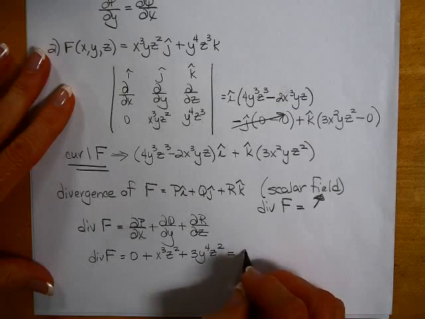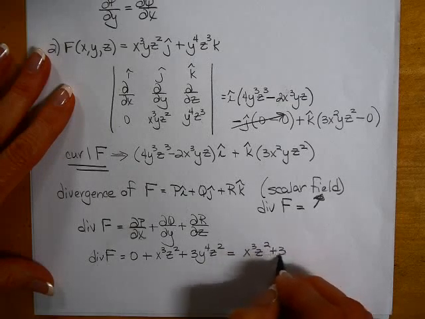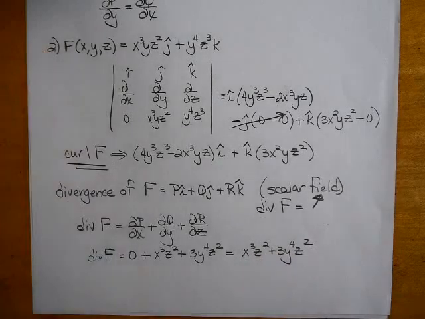So the divergence is just the sum of these: x to the third z squared plus 3 y to the fourth z squared.